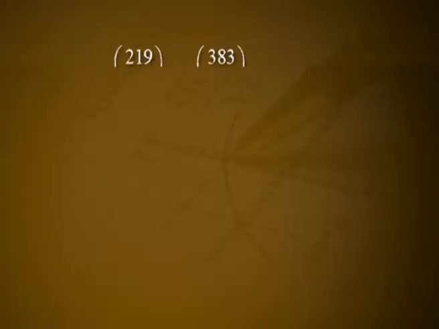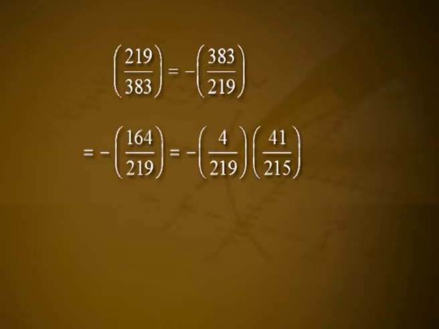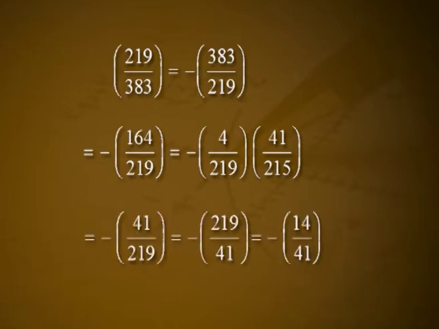Therefore, the Legendre symbol (219/383) is equal to minus (383/219) by theorem 3.7, which is equal to minus (164/219), which is equal to minus (4/219)(41/219), which is equal to minus (41/219), which is equal to minus (219/41).